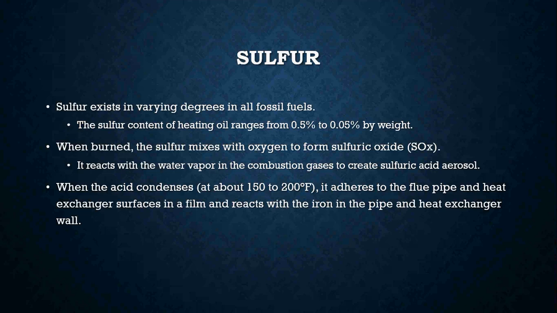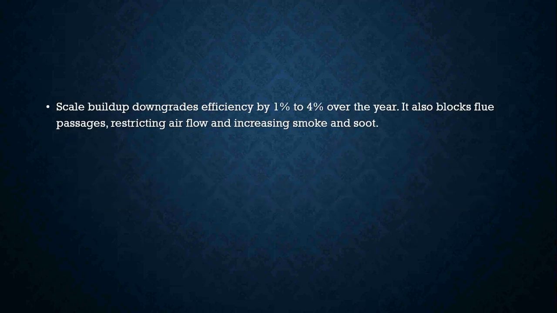When that acid condenses, which usually occurs when your stack or flue temperature is about 150 to 200 degrees, it's going to adhere to the flue pipe and heat exchanger surfaces in a film and react with the iron in the pipe and heat exchanger walls.